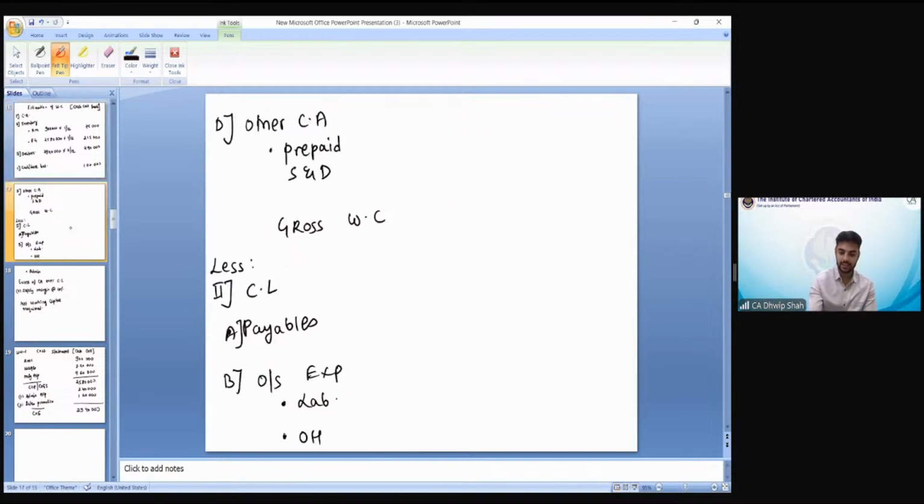We have prepaid S&D. Selling and distribution is 1,20,000 and it is quarterly paid in advance. Means can I say 3 months advance? 3 by 12. Two months. RM should be 2 months. Why 2 months? Where is it given RM 2 months? Hey, that is for creditors. Supplier is giving us credit for 2 months.